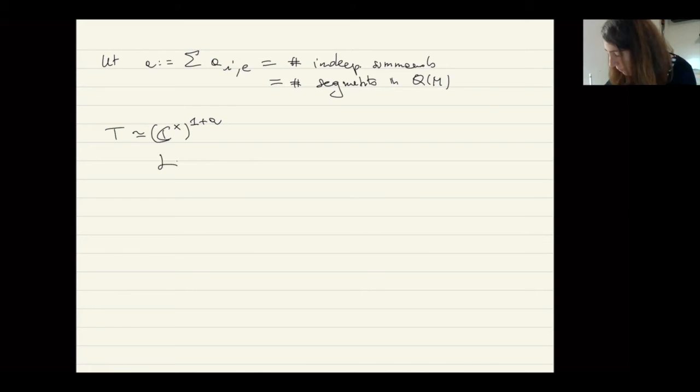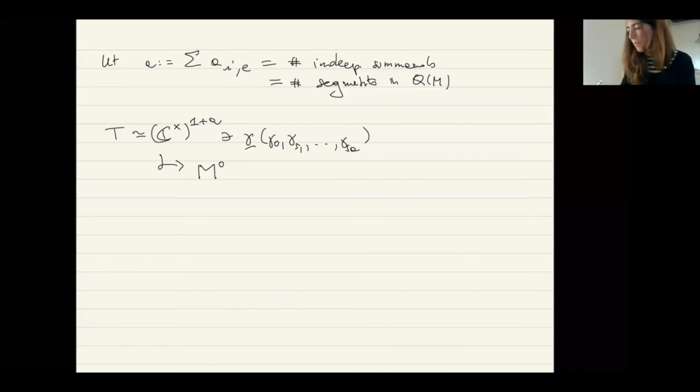So first, I'm not going to define right away an action on the Grassmannian, but on my vector space. That's the underlying vector space, so maybe let me just say M_0. I pick a point in here: there's going to be some gamma_0, gamma_{S_1}, ..., gamma_{S_A}. This is just to remind you that these parameters correspond to segments or indecomposable summands, as Evgeny was telling us.